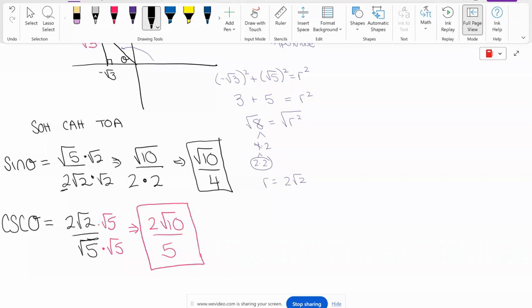When it's negative root 3 on the bottom, you have to do negative root 3. No, you could just leave the negative on the bottom. Just do root 3 times root 3. You can leave the negative, it's fine.